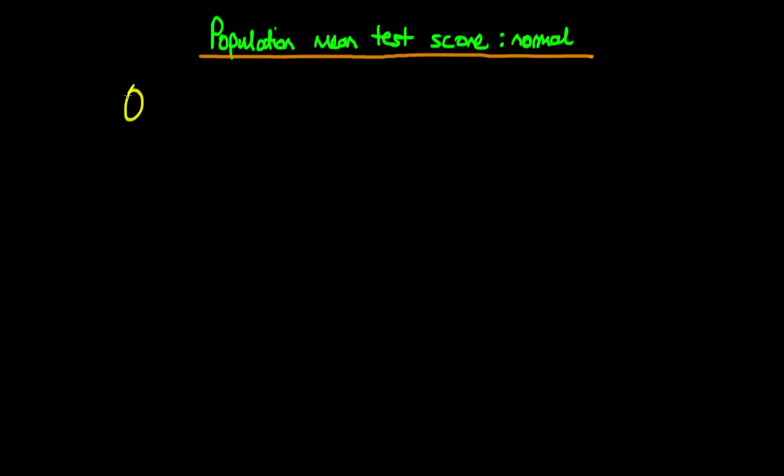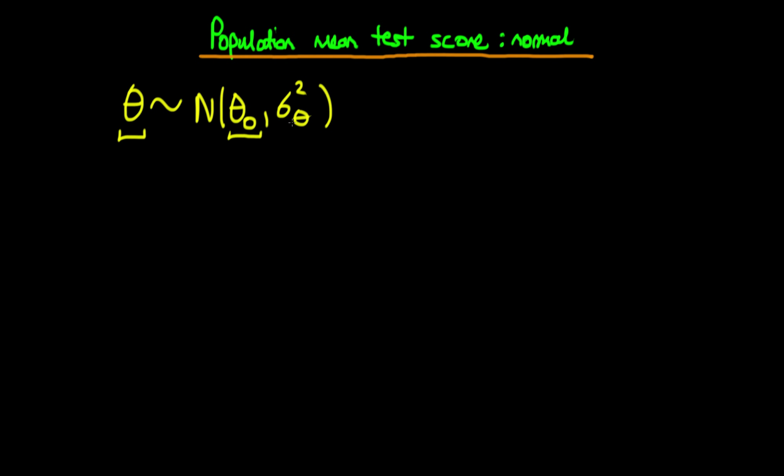So the prior here for our parameter theta is that it is normally distributed with some sort of population mean, which I'm going to call here theta 0, and some variance, which is just given by sigma squared theta. So you can think about theta perhaps here as representing the mean test score from one individual year, and theta 0 here perhaps represents the mean test score over many years.